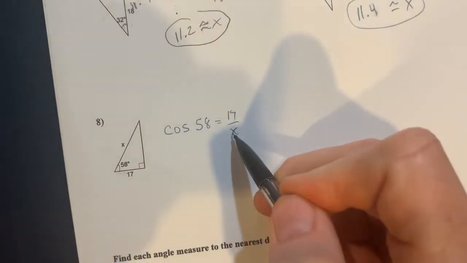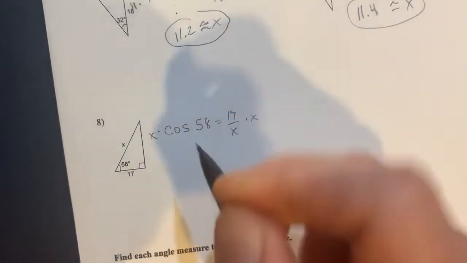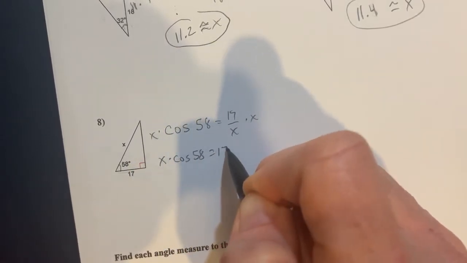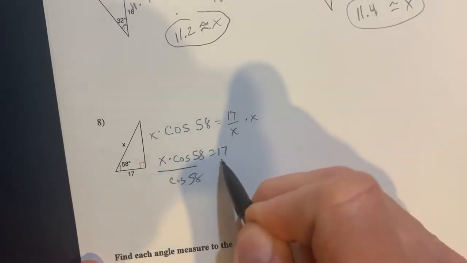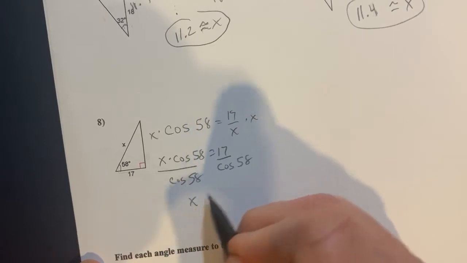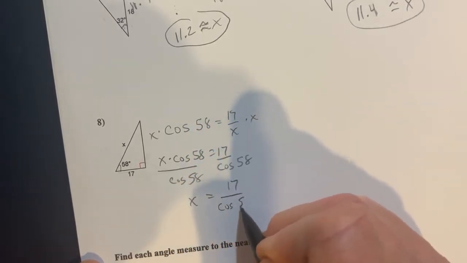So my variable's on the bottom here, so I'm going to multiply both sides by x. That gives me x times cosine 58 equals 17. I got to get x all by itself, so I'm going to divide both sides by cosine 58. And that gives me x is 17 over cosine 58.